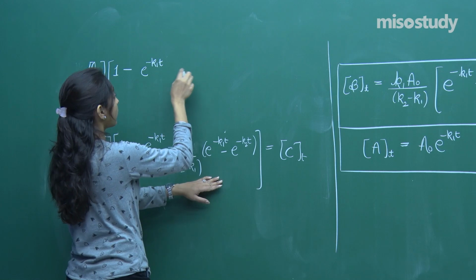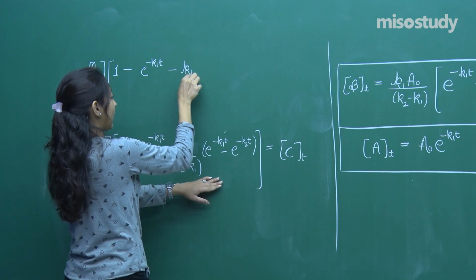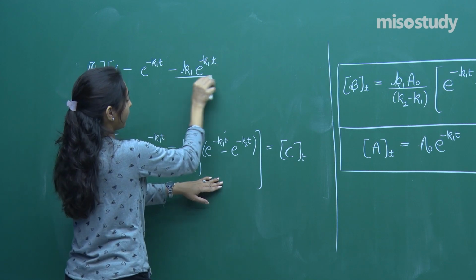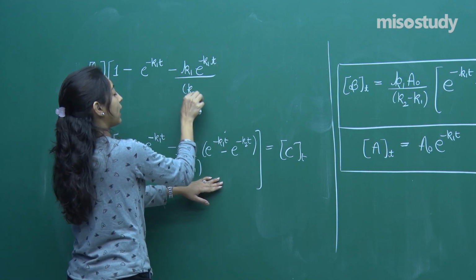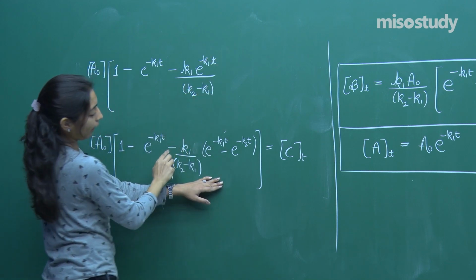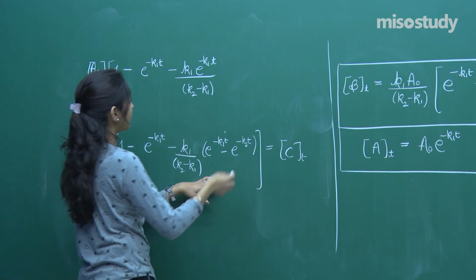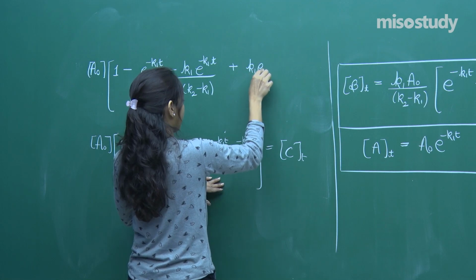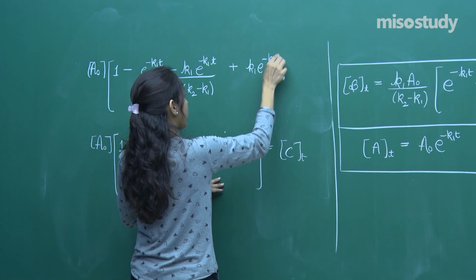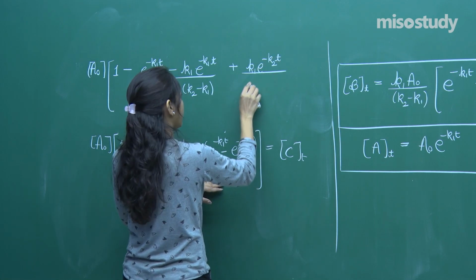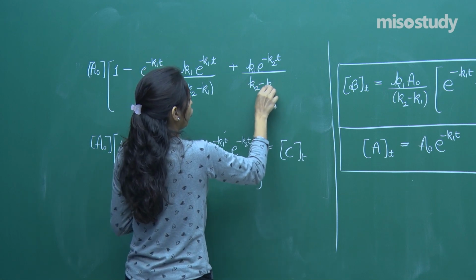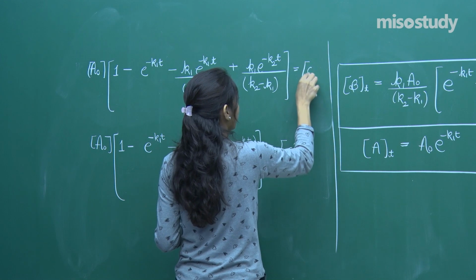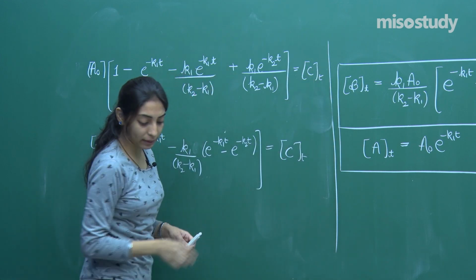So this becomes minus K1 e raised to the power minus K1T divided by K2 minus K1. Now see, this negative negative will turn positive. So this becomes plus K1 e raised to the power minus K2T divided by K2 minus K1, and this is the concentration of C at any time T.